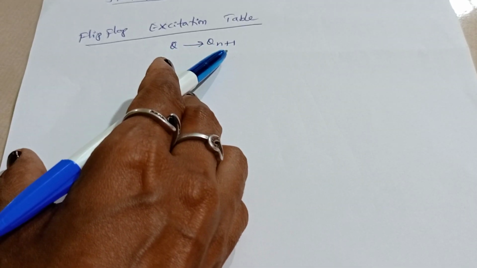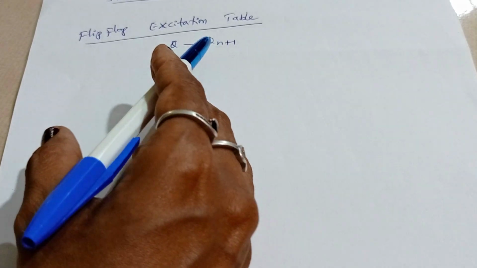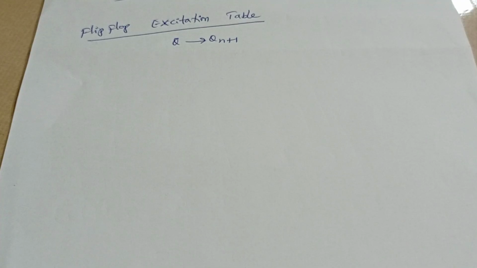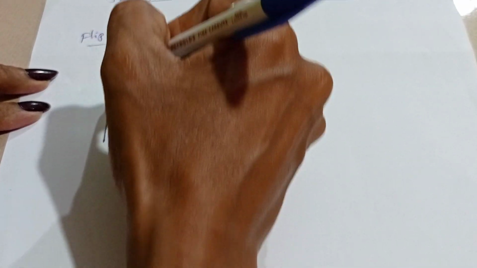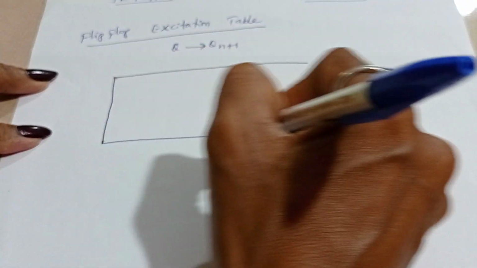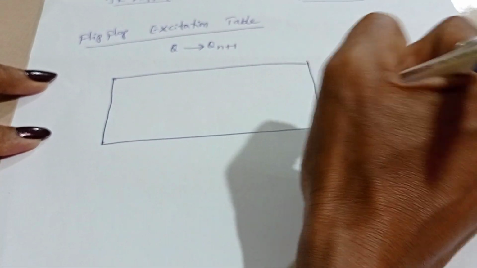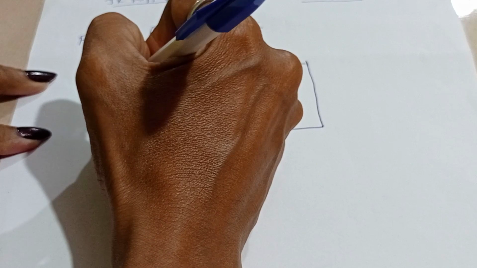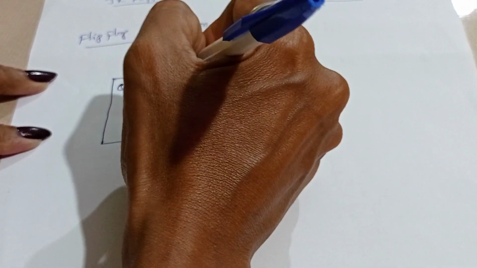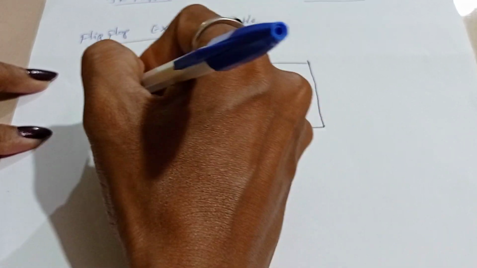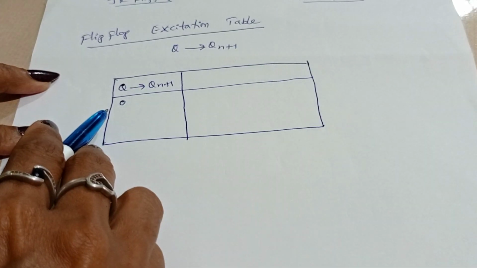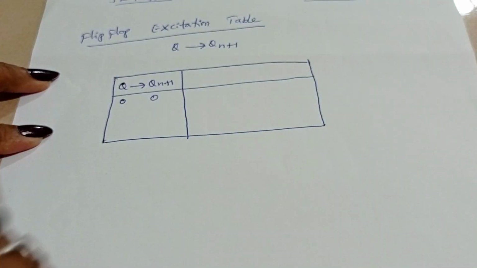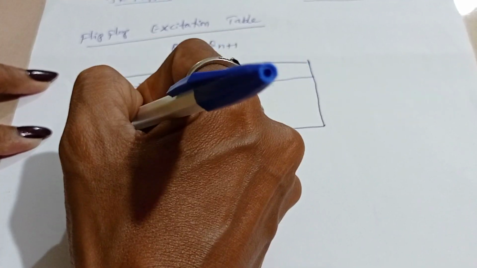Now we'll see the excitation truth table for the flip-flops. That is Q, present state output and the next state 0, 0, 0, 1, 1, 0, 1, 1.